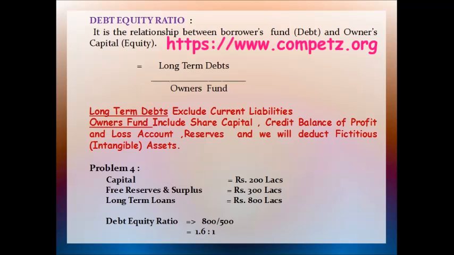So friends, what does it indicate? The importance of this ratio is that it measures the degree of indebtedness of an enterprise or concern, and it also gives the long-term lender an idea regarding the extent of security of the debt: how much of my money is secured. A low debt equity ratio reflects more security, and conversely a high ratio is considered risky.